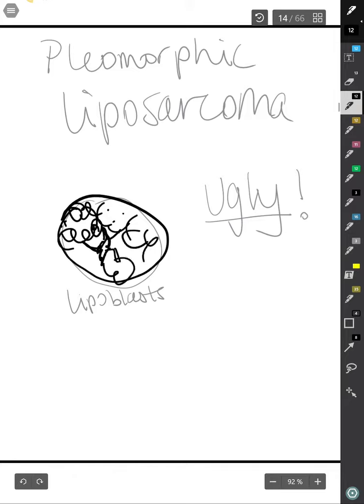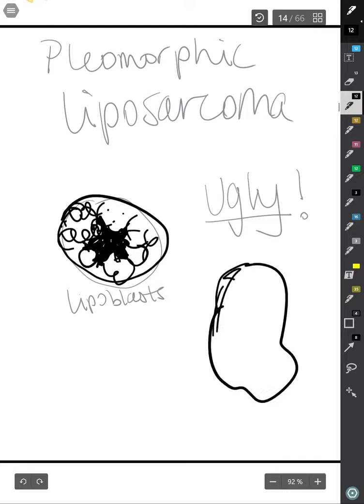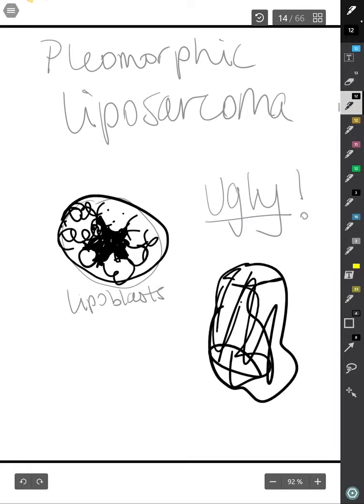And as it proliferates, the nucleus ends up getting indented by the fat. So you'll see a really squished looking nucleus, and it can be very ugly, with really large cells and prominent nucleoli, next to a smaller, more normal looking cell. So look for your lipoblasts and look for that pleomorphism.